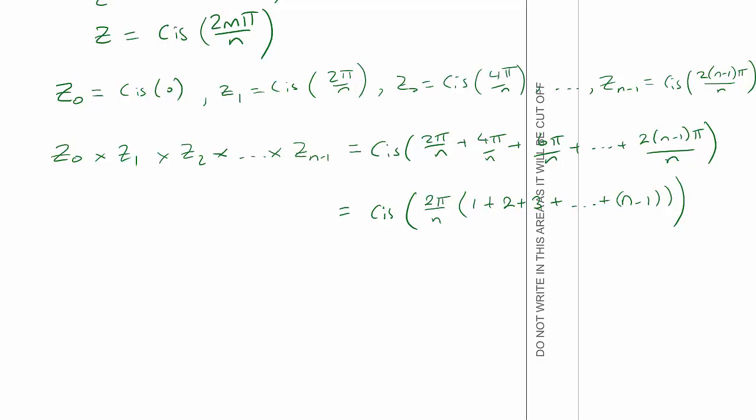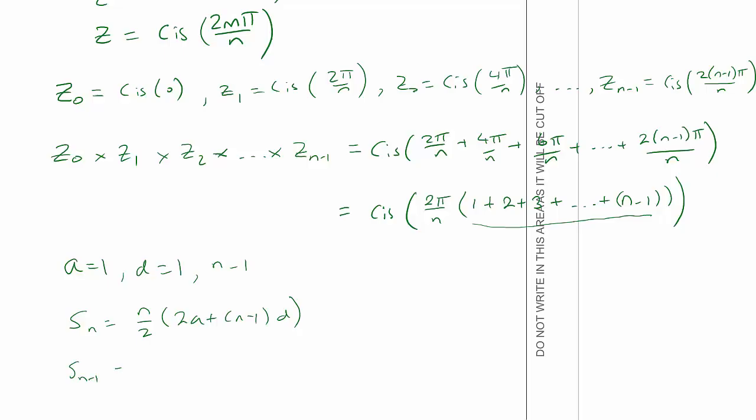So what we have in here is an arithmetic progression where the first term is 1, a common difference of 1, and n minus 1 terms. So the sum of n terms we know is n over 2, 2a plus n minus 1 d.